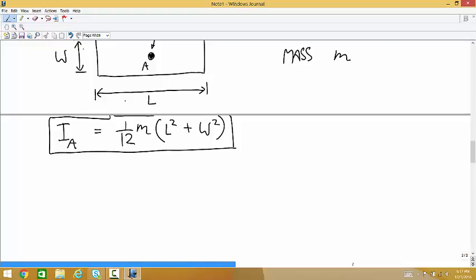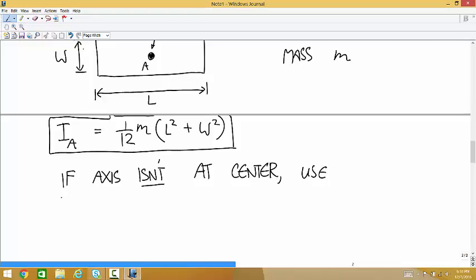But sometimes the axis doesn't happen to be at the center. So if the axis isn't at the center, you use what's called the parallel axis theorem.